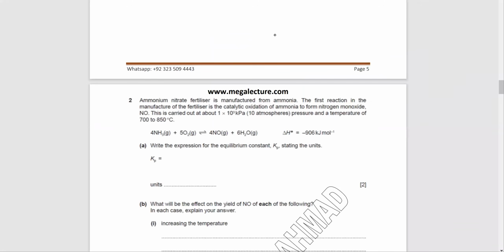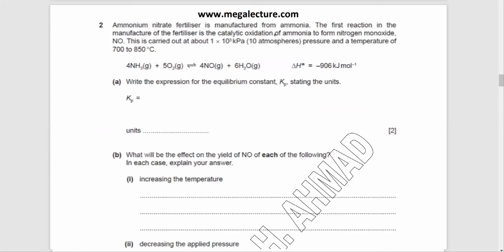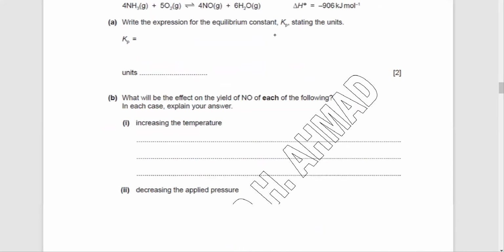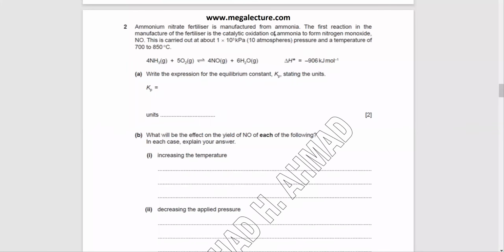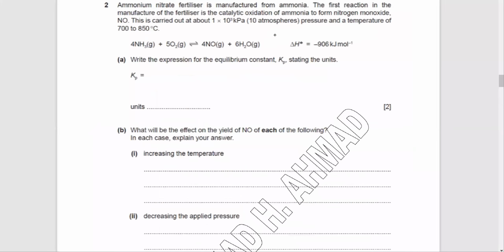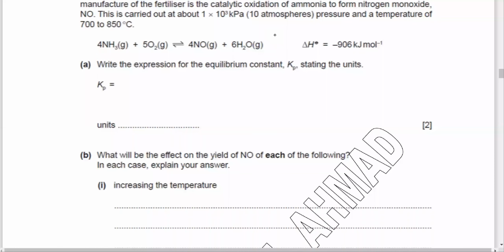Now we're going to move to another question, so let's quickly do this. You write the expression for the equilibrium constant Kp. Now it's fairly easy in this case.